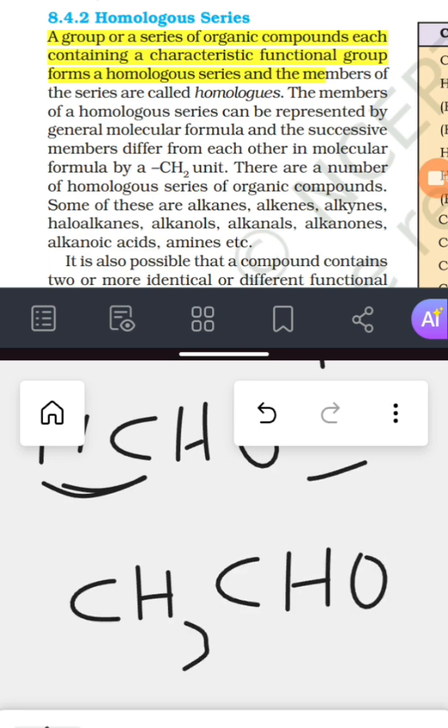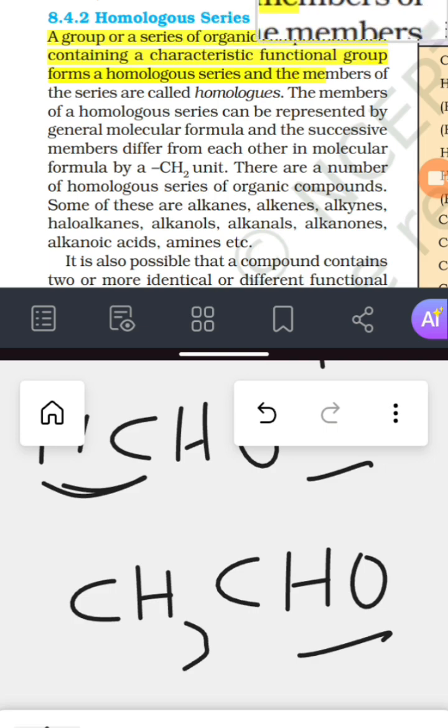So formaldehyde becomes acetaldehyde. In the same way, if we add CH2 group to acetaldehyde, it is converted into propanaldehyde. Propanaldehyde, if we add CH2 group, becomes butanaldehyde. So the next higher member will be formed actually.